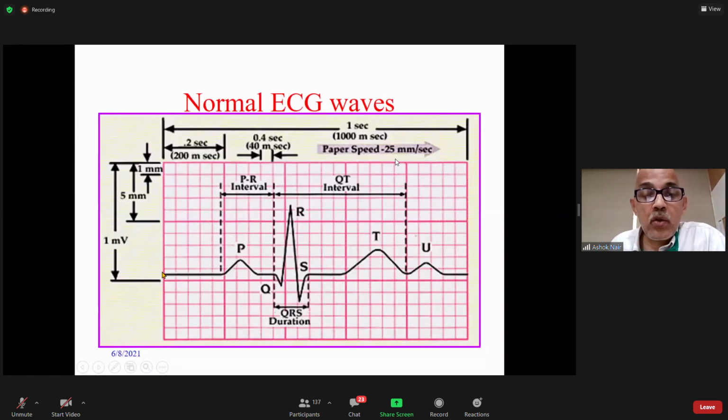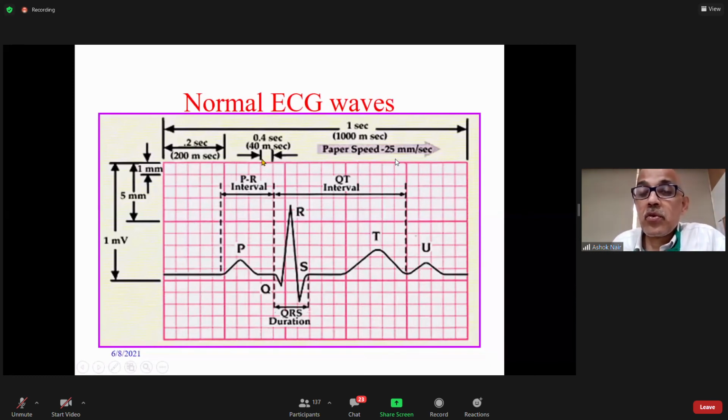Each small 1 millimeter deflection in the vertical axis is 0.1 millivolt. Now the chart speed is 25 millimeters per second, so each 5 millimeter square will correspond to 0.2 seconds or 200 milliseconds.